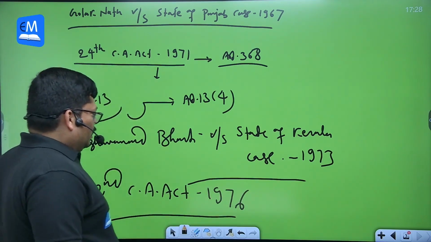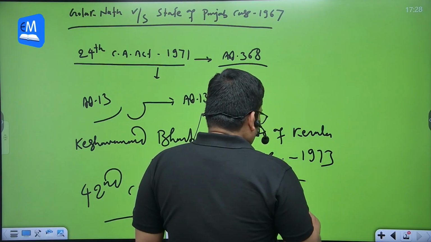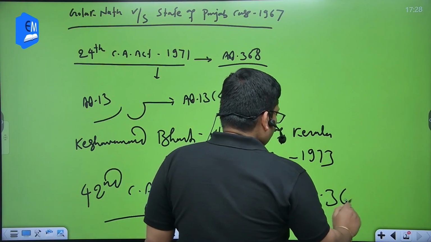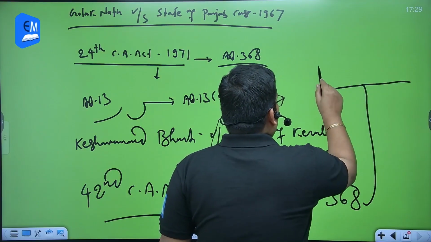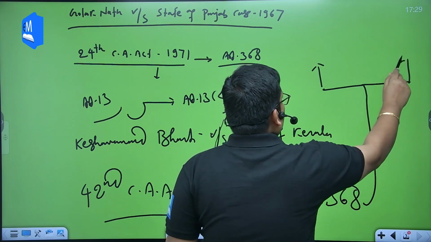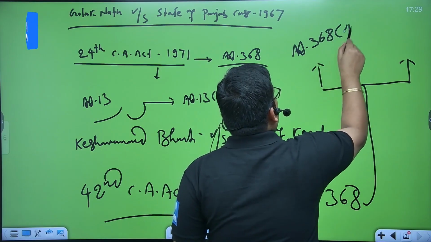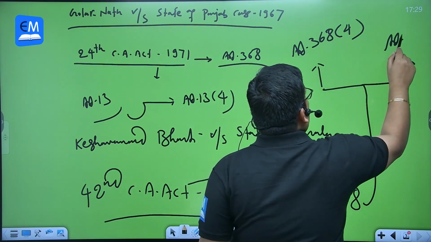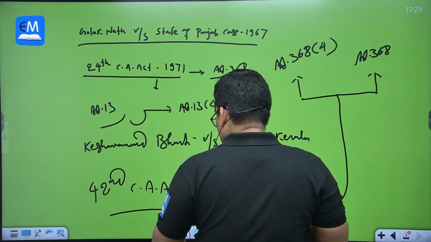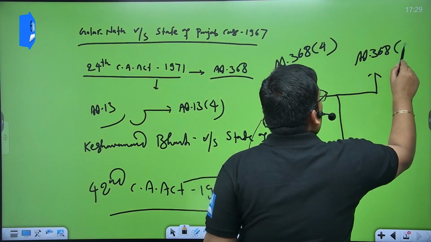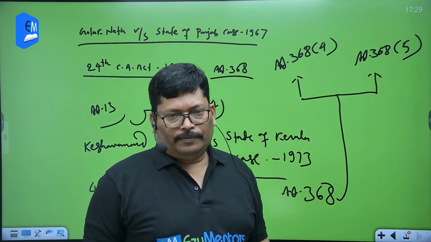Through the 42nd Constitutional Amendment Act 1976, the Parliament had once again amended Article 368. And by amending Article 368, two new clauses got inserted into it: Article 368 Clause 4 and Article 368 Clause 5.